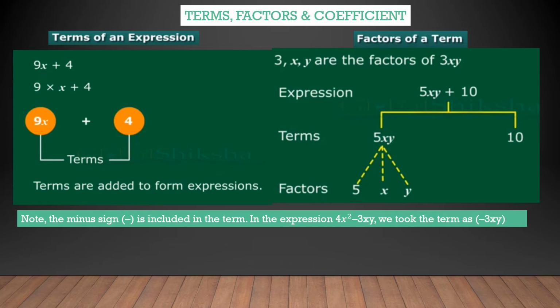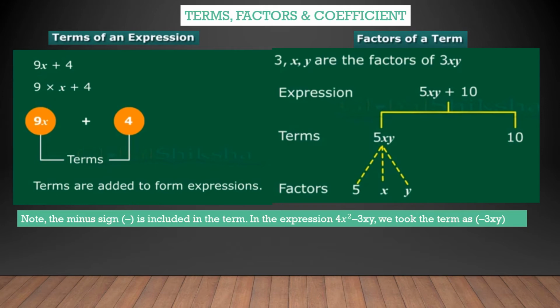But 5xy has some more factors. 5xy is multiplied with the factors 5x and y. Therefore, the factors of 5xy are 5x and y. By using the dotted line, we can show the factors of the given term.